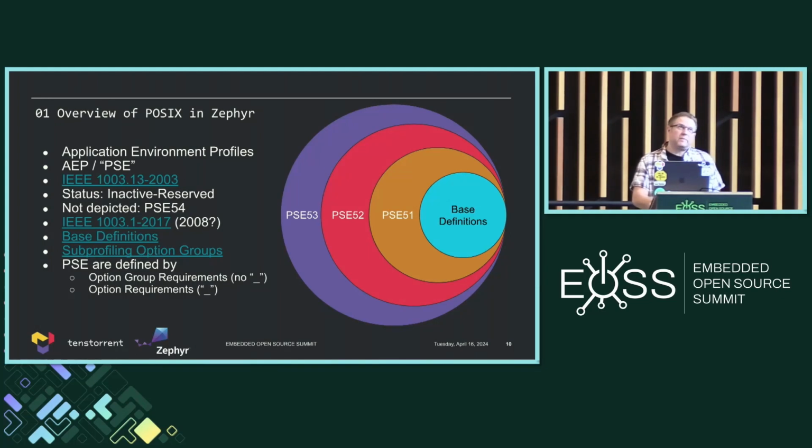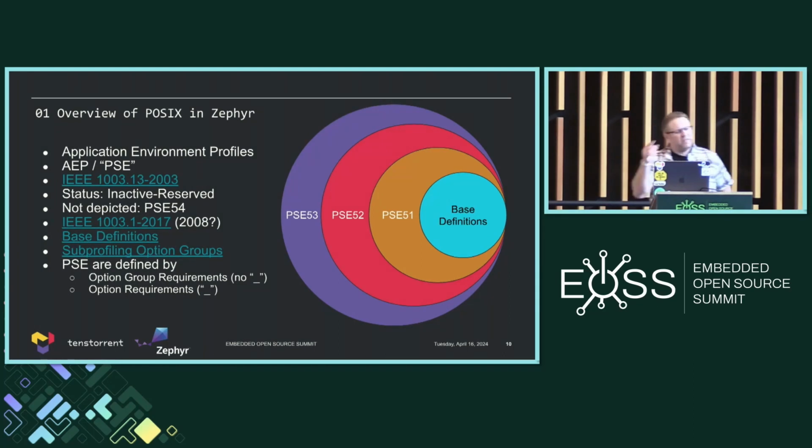There has been a little bit of a change since the early days when this terminology was introduced. Originally they were called AEPs, which somehow gets translated to PSE. It could potentially be a multilingual thing. I didn't find an actual definition for that acronym, but that was way back in 2003.